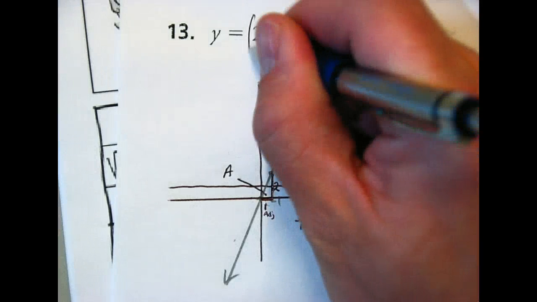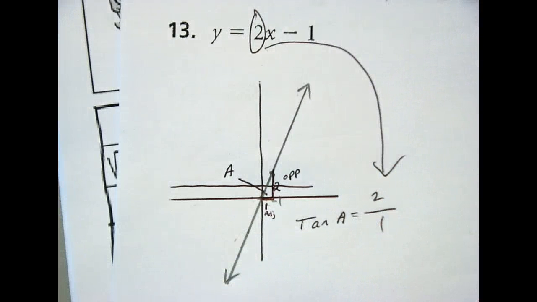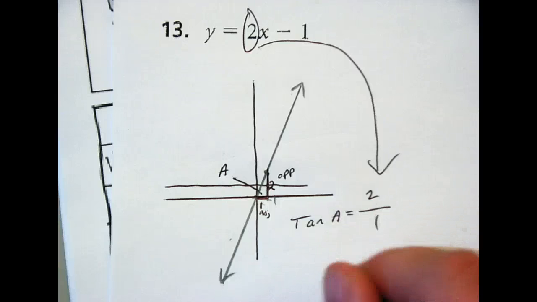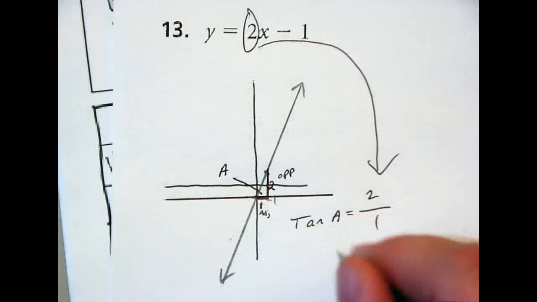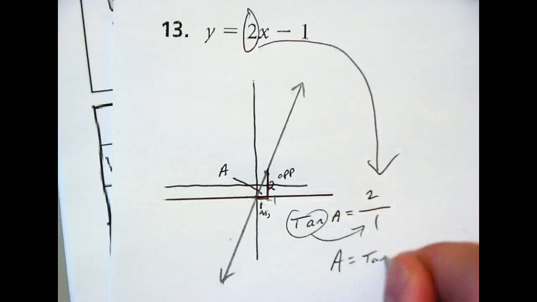It's our slope. So the quicker way is to just take the tangent of your angle, which is equal to your slope. So how would you plug that in? A is equal to the inverse tangent of 2 over 1.